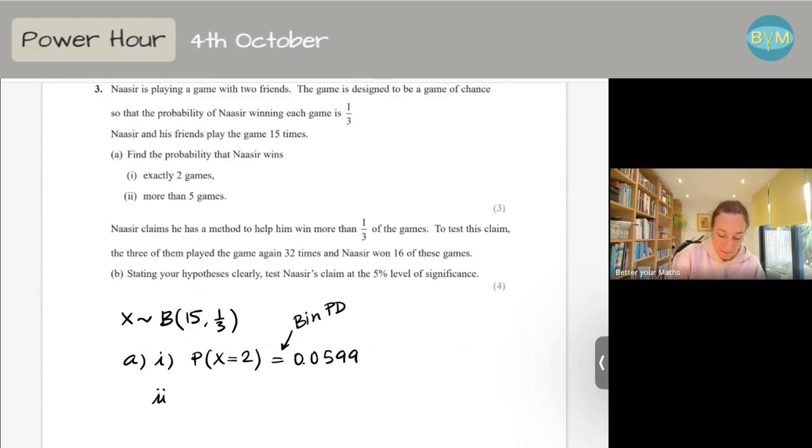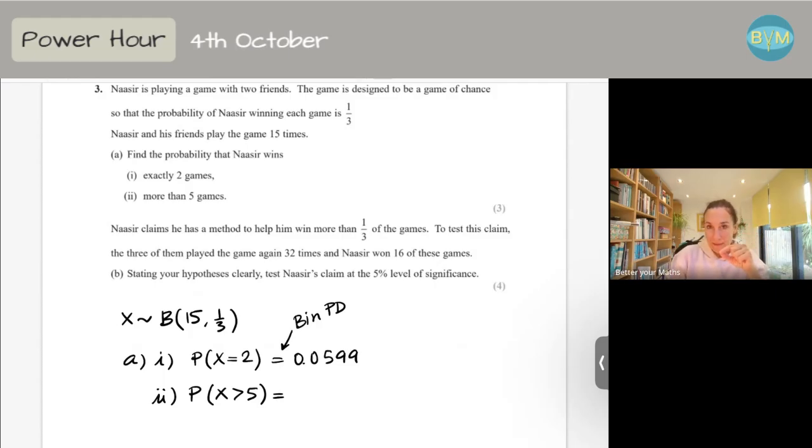Now, the probability that he wins more than 5 games. Most of the calculators don't have the greater, they have the smaller or equal. Even if your calculator has the greater, I would recommend you to learn well how to do the smaller or equal, because you might need it for critical regions. So it's important that you understand.